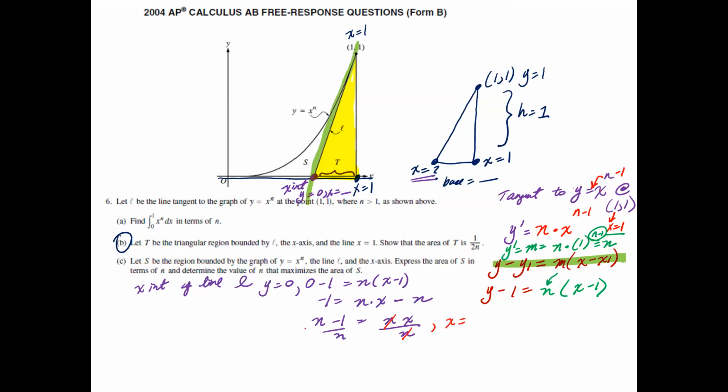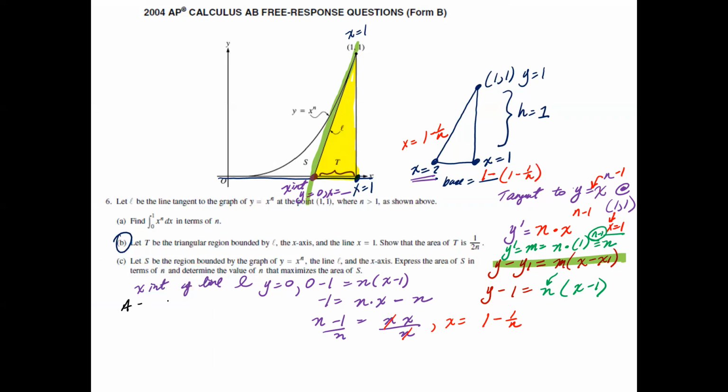My x is equal to n divided by n is just 1 minus 1 over n. So then I know that at this point here, x is going to be 1 minus 1 over n. So for my base, it's going to be 1 minus this point, which is 1 minus 1 over n.